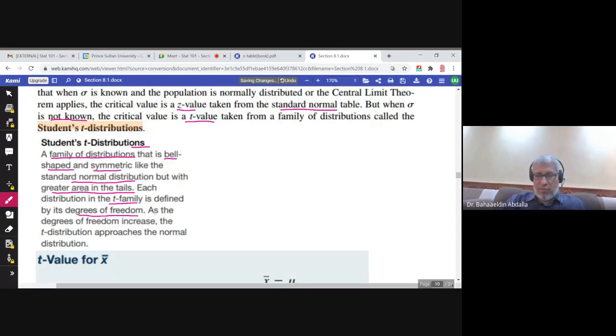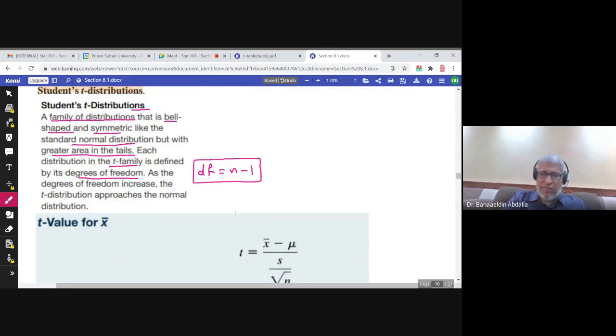So for each degree of freedom, we have a T distribution. The degree of freedom is denoted by df, and it is defined by n-1, where n is the sample size. So if the sample size is 10, then the degree of freedom would be 9.